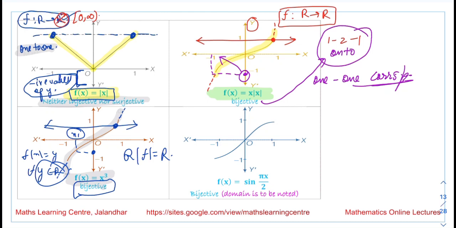Next function we are talking about is f(x) = sin(πx/2). Now the domain is to be noted.